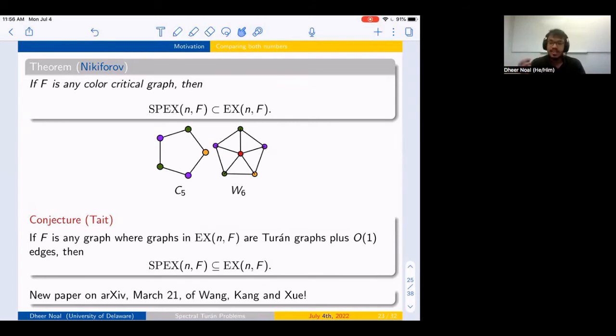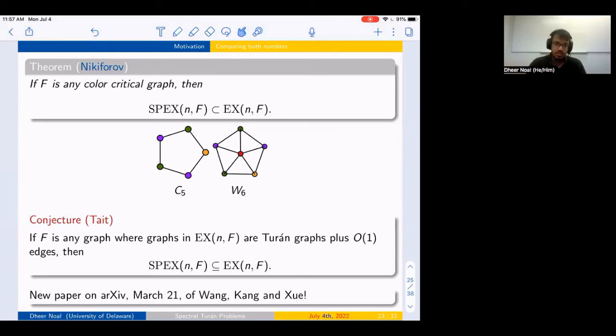And the even wheels are an example of color critical graphs, where your chromatic number is 4, but deleting any edge reduces your chromatic number to 3. So all even wheels were taken care of, and both extremal graphs end up being Turán graphs for color critical graphs. There are similar results for hypergraphs as well.